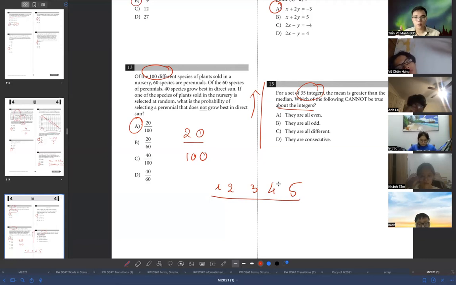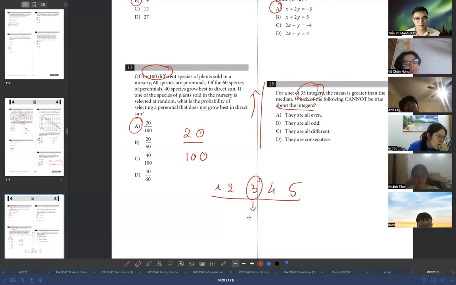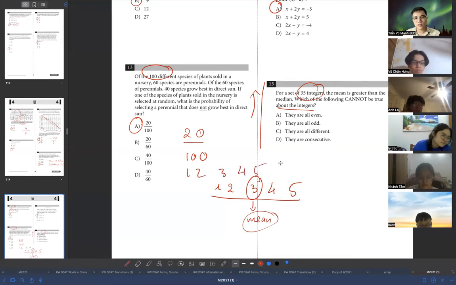But it only happens once when the mean and median are the same, when the number 3 is the median and also the mean, right? So let's just open up to 7 numbers. 1, 2, 3, 4, 5, 6, 7. 4 is the median. Let's see if it is also the mean.